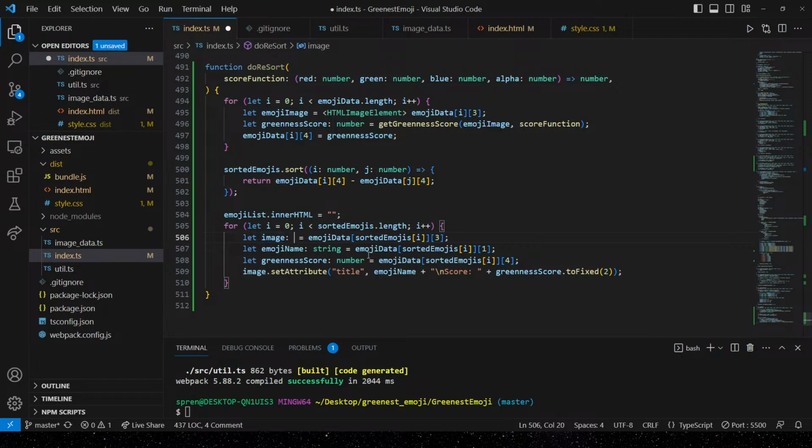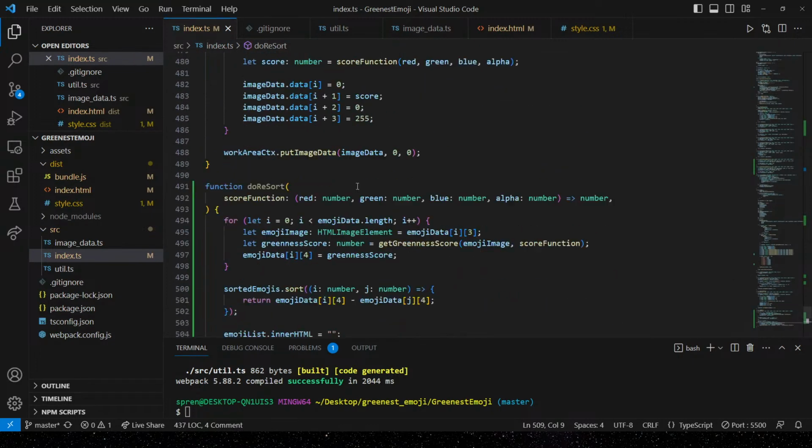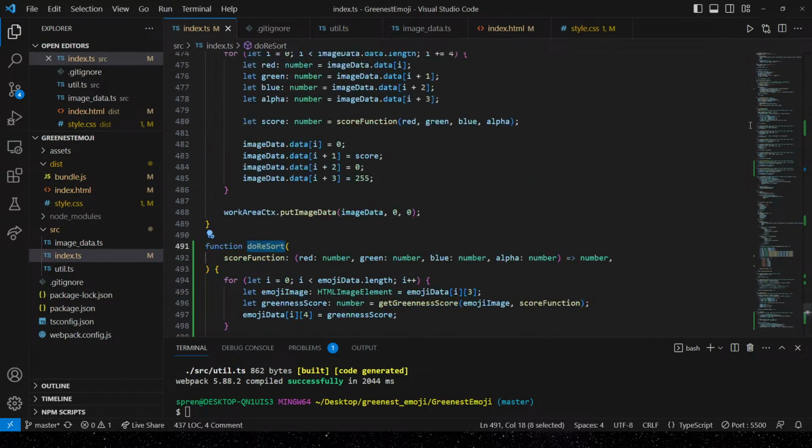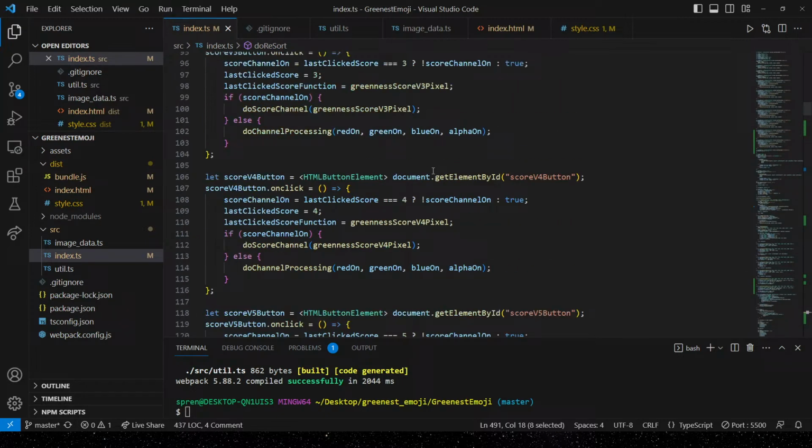It just knows. All right, good. Yeah, that does a resort. Don't know how long it's going to take to run, but at least it's not doing a slow sorting method.